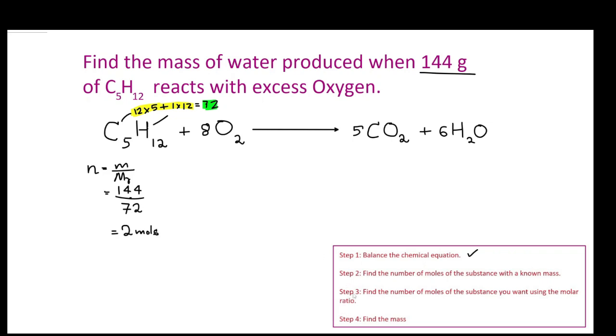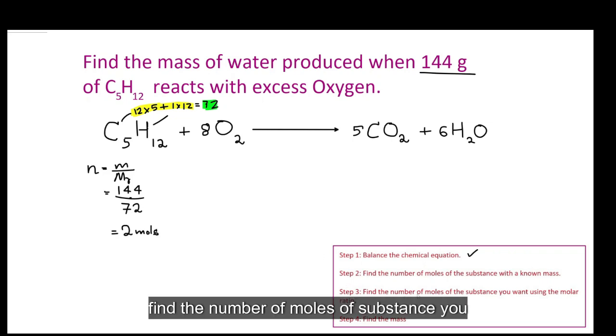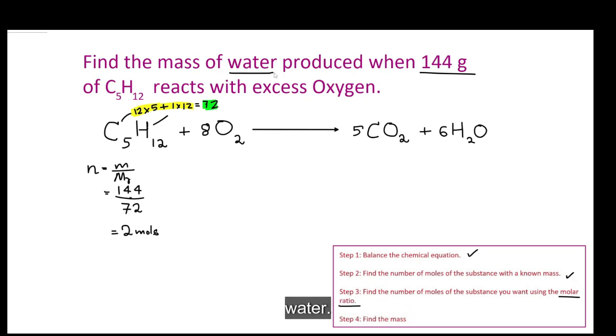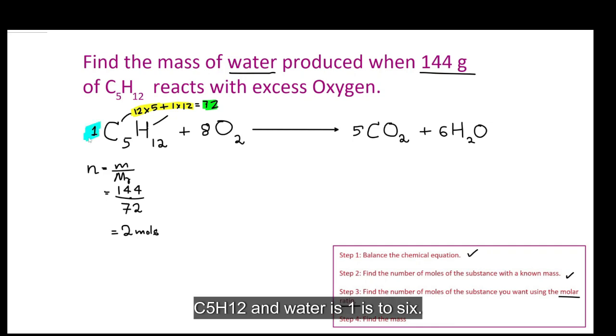Step 3. Find the number of moles of the substance you want using the molar ratio. Okay, so what's the molar ratio here? Now the question is to find the mass of water. This is water. Now let's look at the ratio. So here is obviously 1. Now the ratio between C5H12 and water is 1:6.